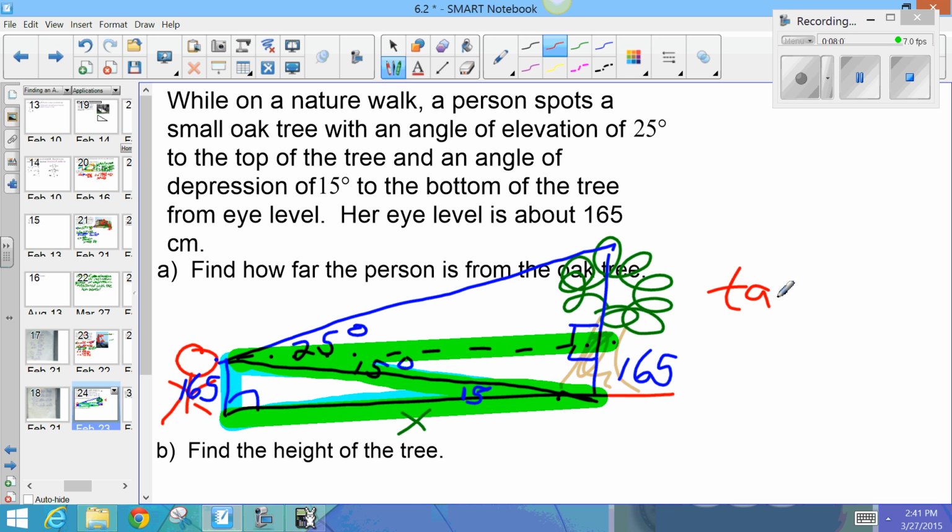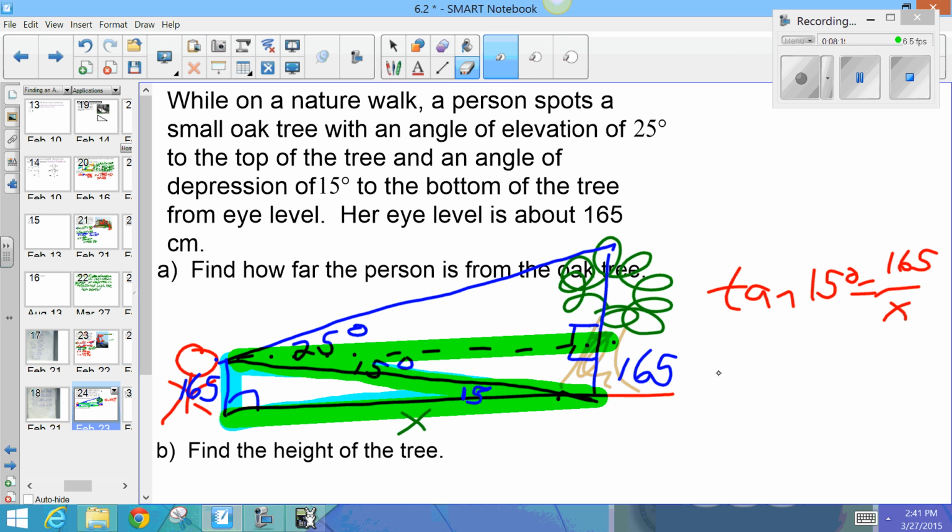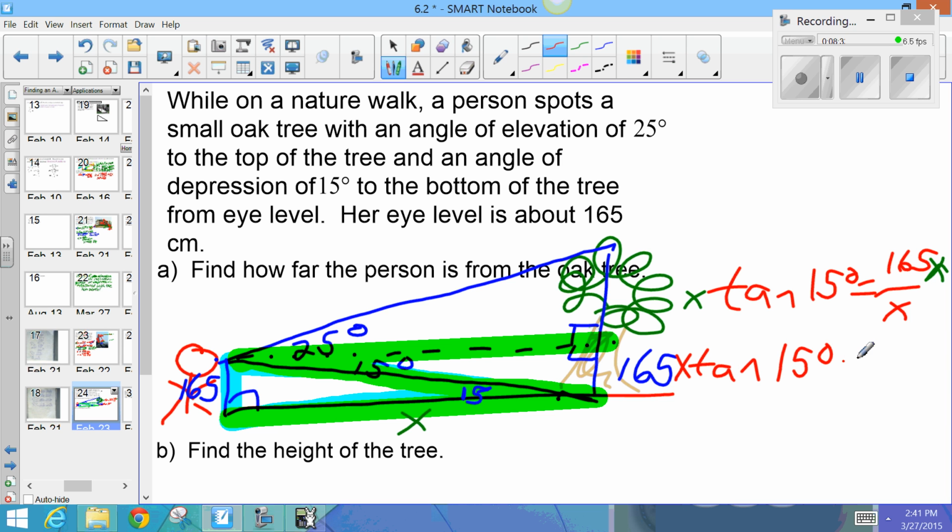The tangent of 15 degrees equals 165 over x. Multiply both sides by x. So we've got x times the tangent of 15 equals 165.